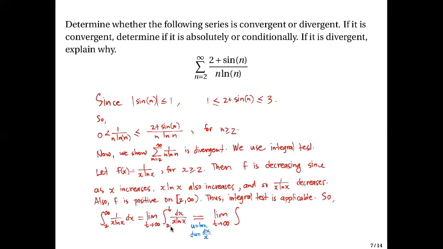When x equals 2, u equals ln of 2. And when x equals t, u equals ln of t. And this here is just du over u. Still following?